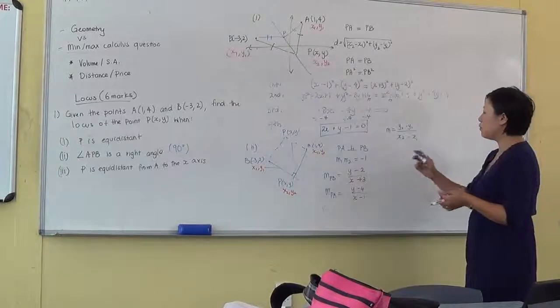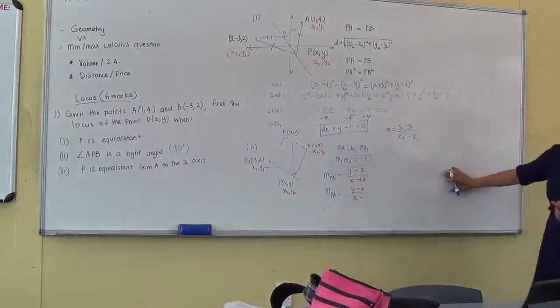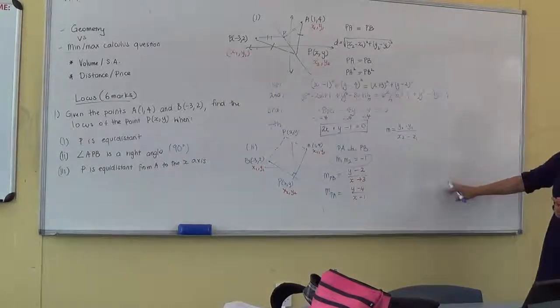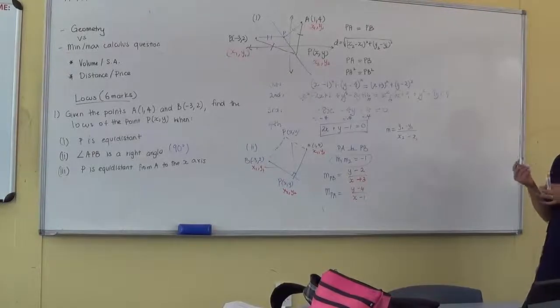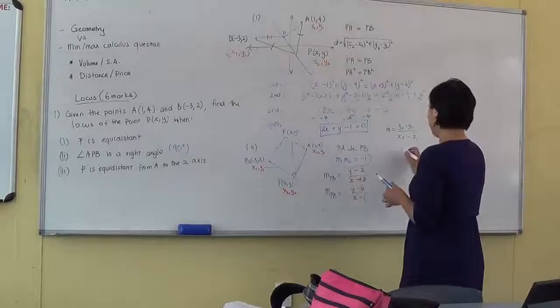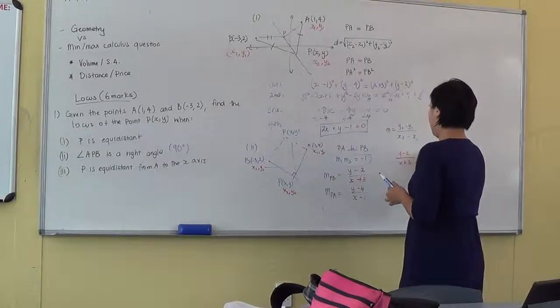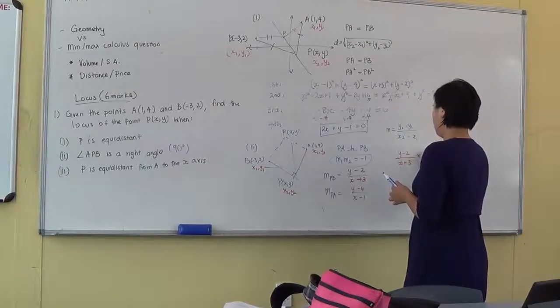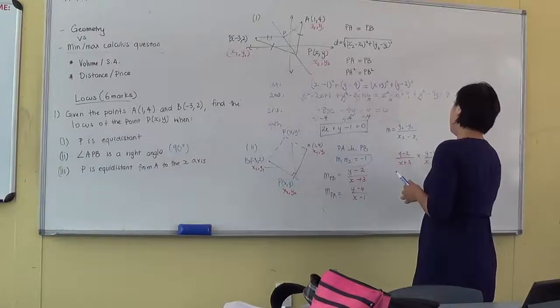So we're referring to this property here where if the two gradients are perpendicular, we times them together to make it equal to -1.